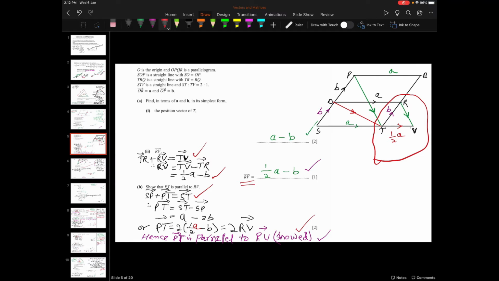Therefore, PT is equal to A minus 2B. This expression we can write as PT is equal to 2 into half A minus B. But half A minus B is equal to RV. So PT is equal to 2RV. Hence PT is parallel to RV.